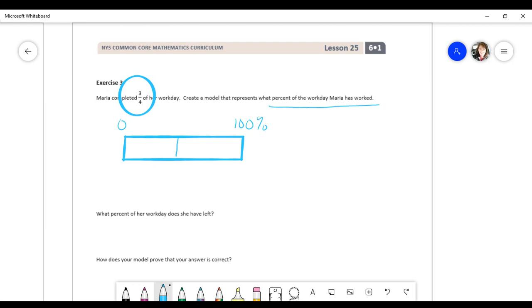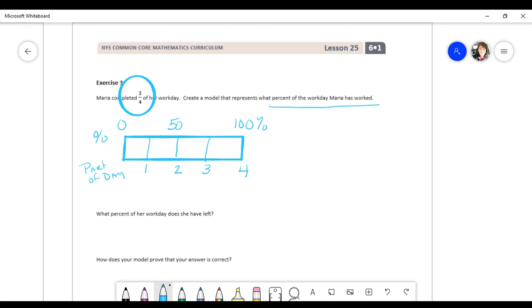If I cut it in half, I made 2 pieces, and then cut each of those halves in half again. So here would be our 1, 2, 3, and 4. So here is the part of the day, and here is our percent. And we know that if we cut this into 4 pieces, we have to cut 100 into 4 pieces.